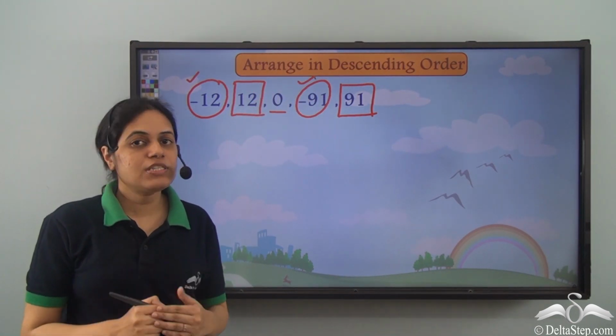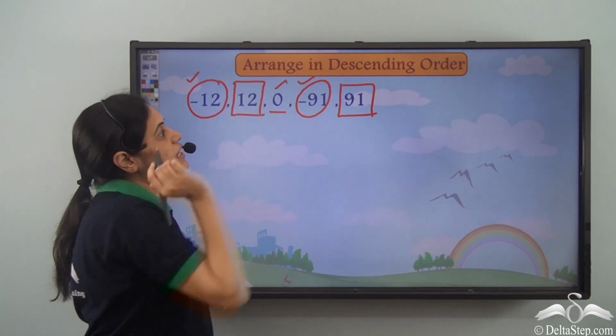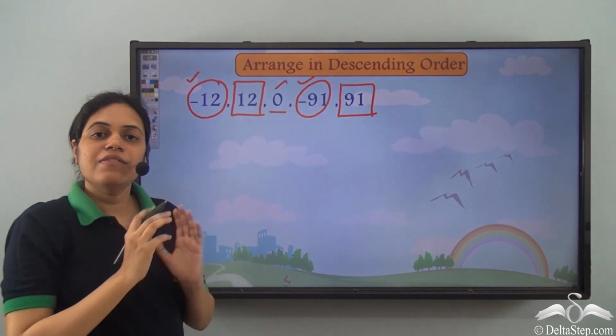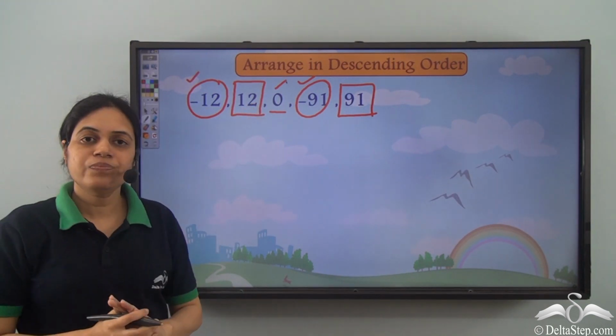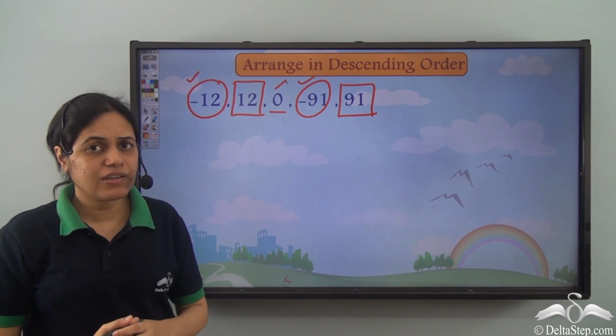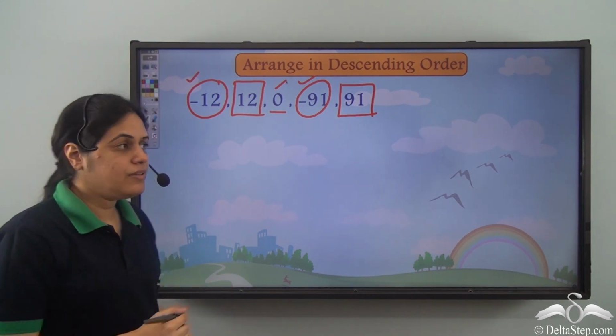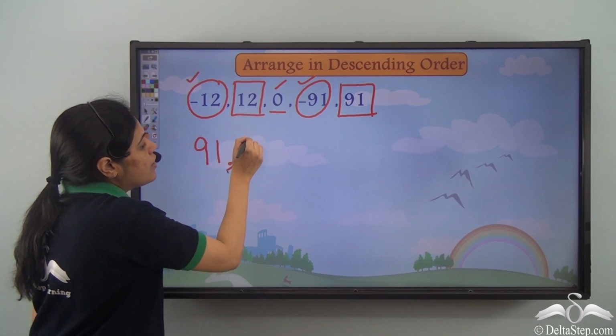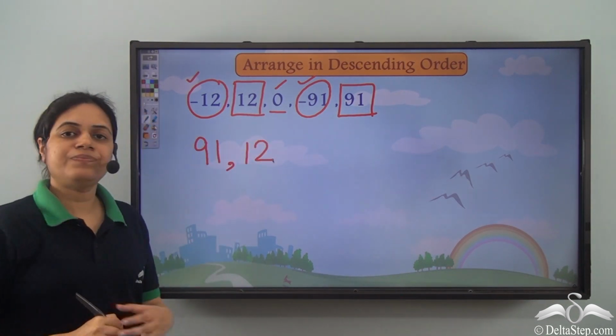Also, any positive integer is greater than 0. So 12 and 91 will be greater than 0. Now between 12 and 91, which is the greater number? 91. So 91 will come before 12.